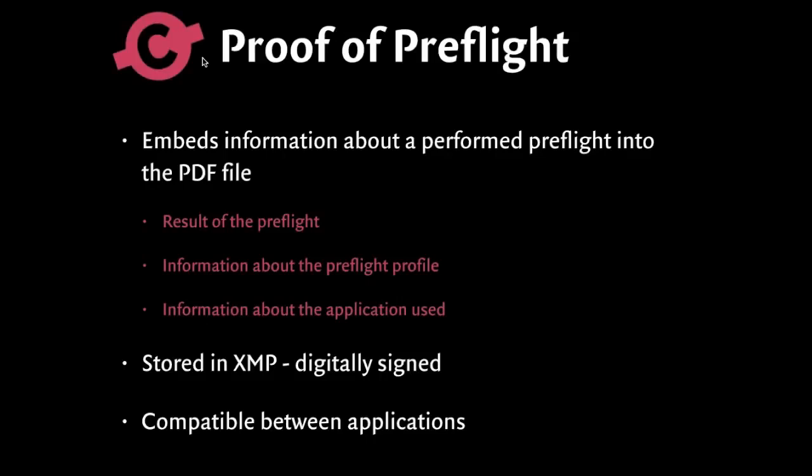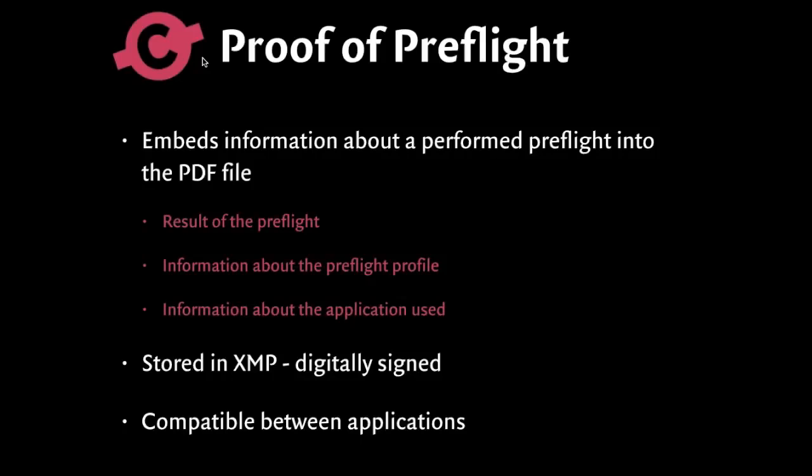All of that information is stored in XMP, the specific metadata format that was developed to store metadata in PDF, but also in a whole range of other file formats. And that means that the information can very easily be retrieved from the PDF file by any application that can read XMP in documents.